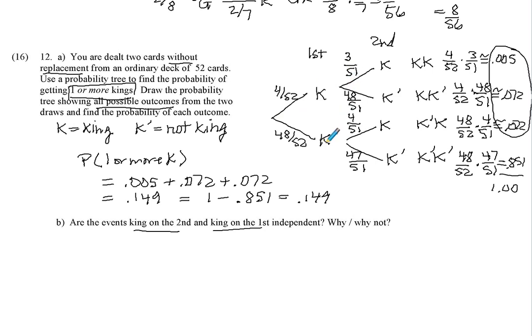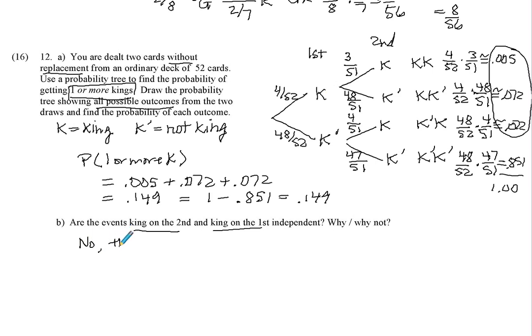But if you didn't get a king on the first draw, it's 4 out of 51. So the probability of king on the second is not independent of king on the first, because your probability changes depending on what you drew first. So are they independent? No, they're not independent.